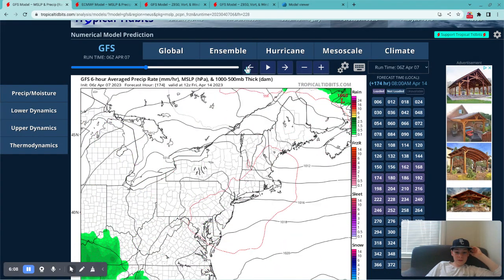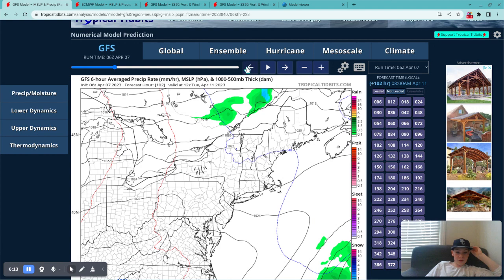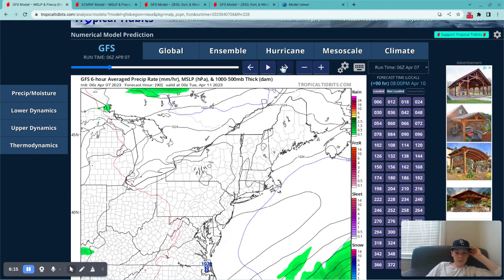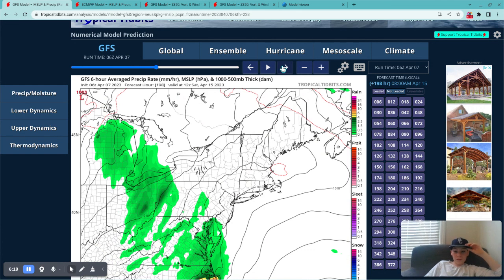But you can see that it takes a very long time for this thing to get out, and it's looking like it's going to arrive in the northeast in the morning of the 15th. There's no doubt in my mind that it's going to make it to the northeast. It's just a matter of how strong it's going to be.